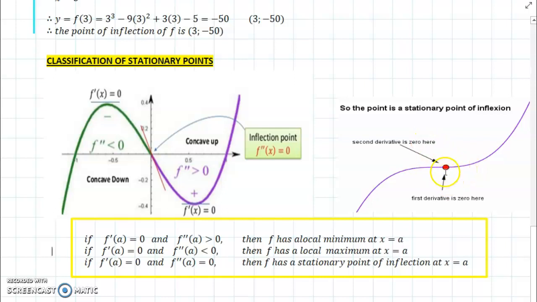So both are satisfied, and the graph will look this shape. It can come from this side here, but there will not be two stationary points here. Notice when there's one stationary point, that stationary point will also be a point of inflection.